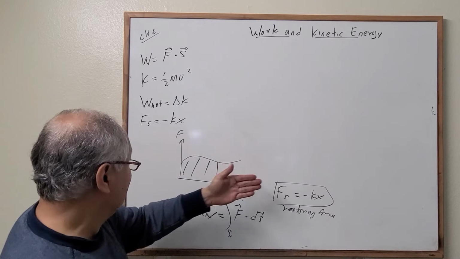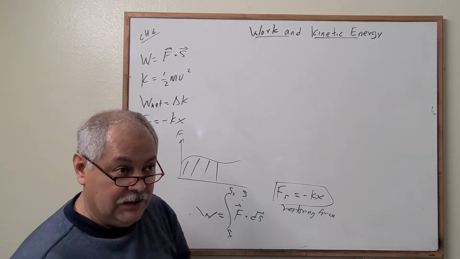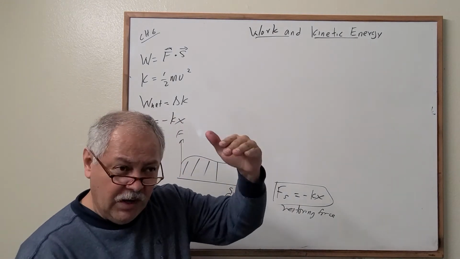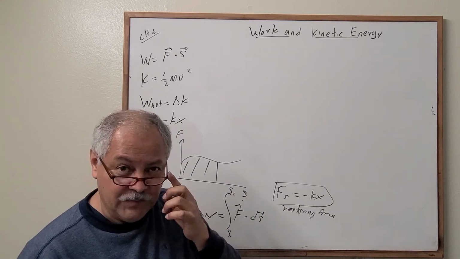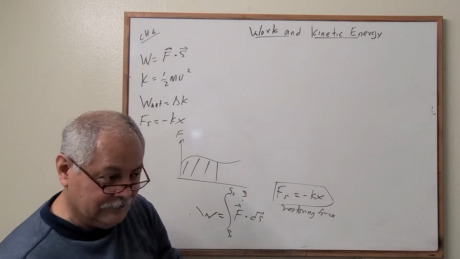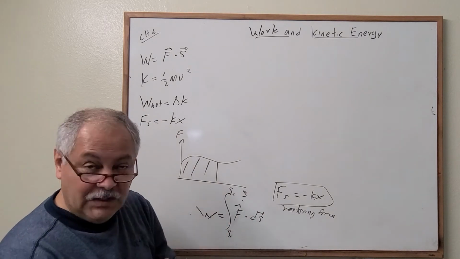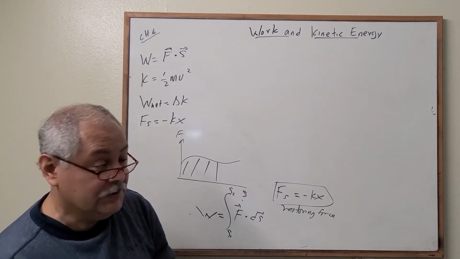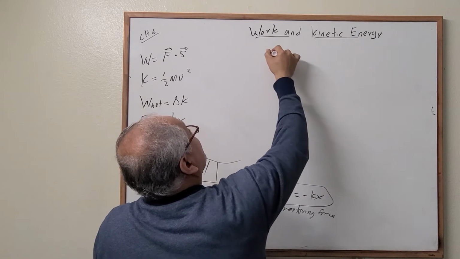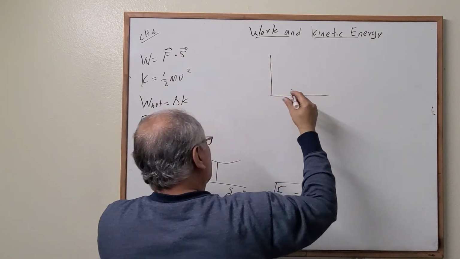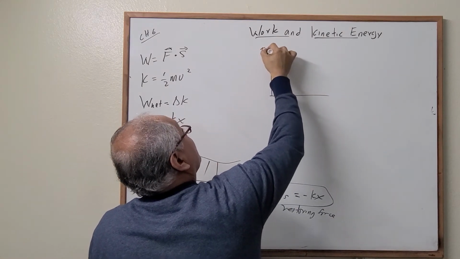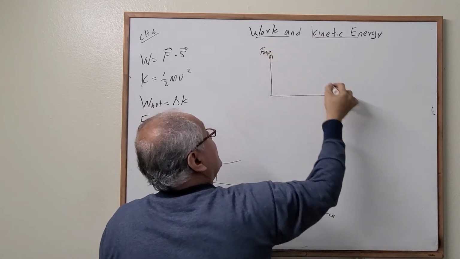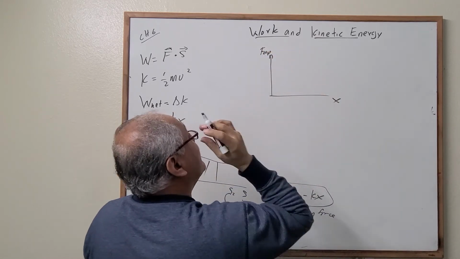So we can calculate the work done by the spring in two ways, using the graphs and also using integrals. Let's do it. Imagine that this is the applied force, and this is x, the displacement.